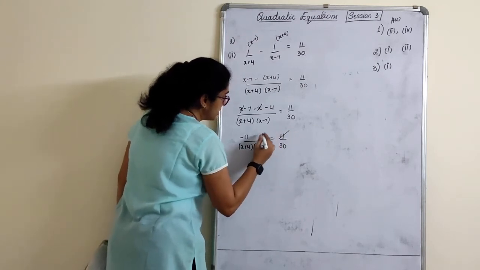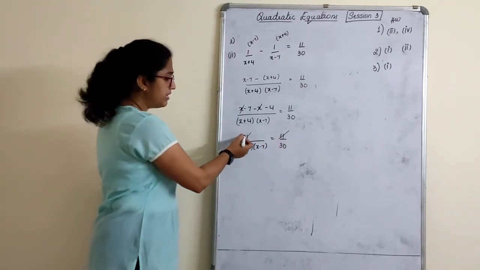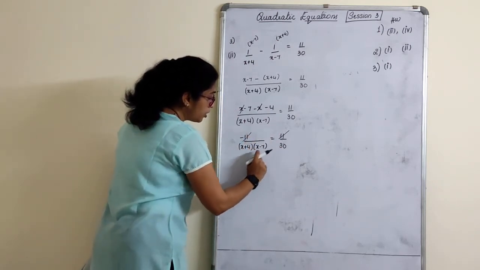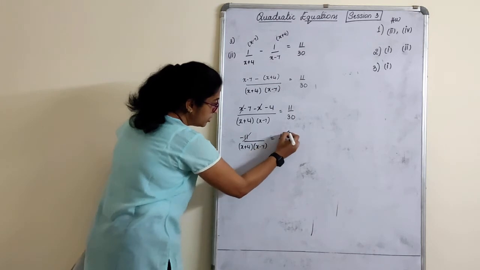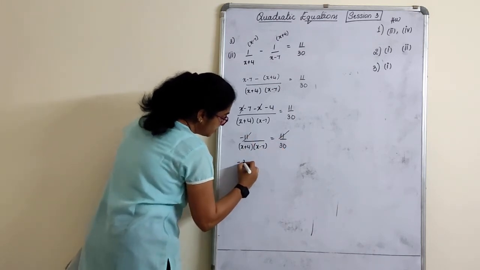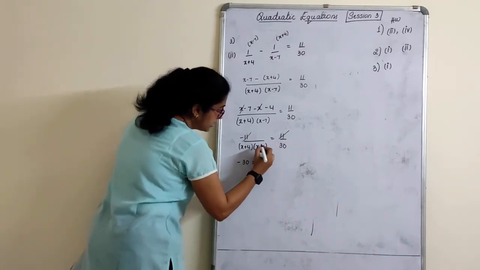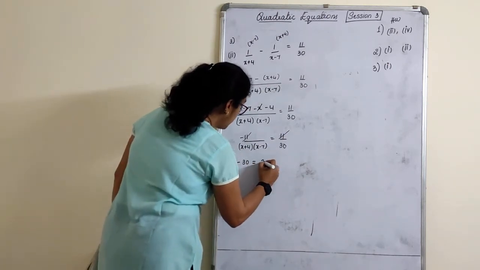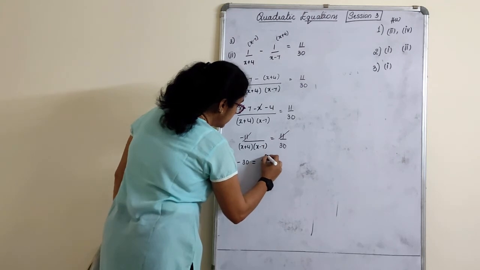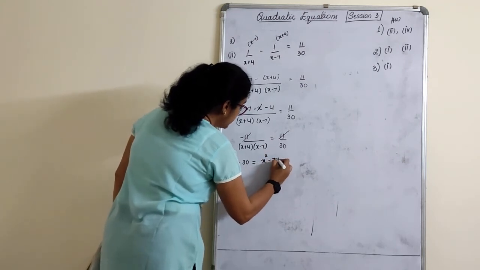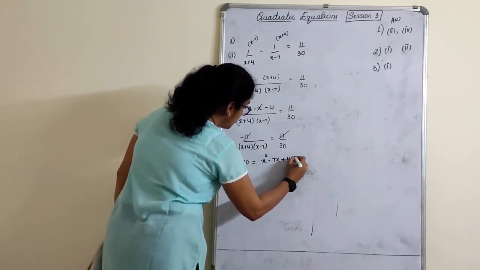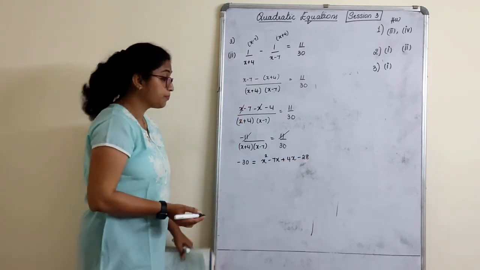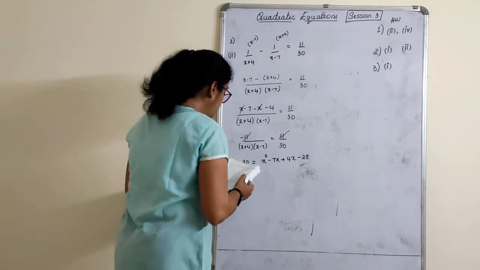Children, I can directly cancel 11 and 11 if you want. Because if I bring it down it can cancel, minus 1 will remain. So cross multiply, it is 1 here also. So when you cross multiply this is going to be minus 30 is equal to, cross multiply here, I'll multiply and write x square minus 7x plus 4x minus 28. Okay, so that is how we got the equation now.